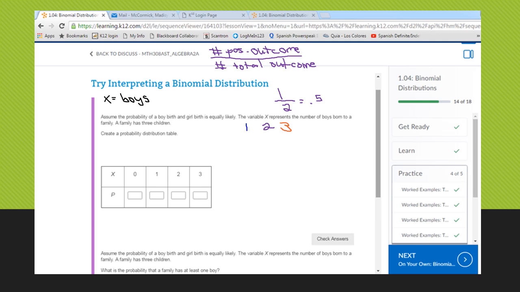I'm actually going to highlight that in green instead of blue so that you can tell the difference between the green and the purple. Now, if we're going to have 0 boy kids, then the first one here is going to have to be a girl. The second one is also going to have to be a girl, and so is the third one.